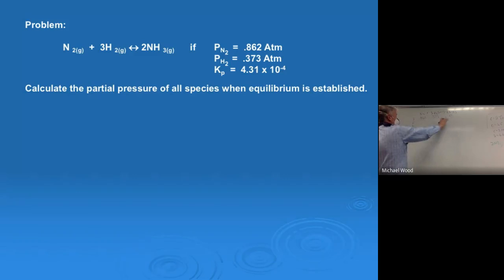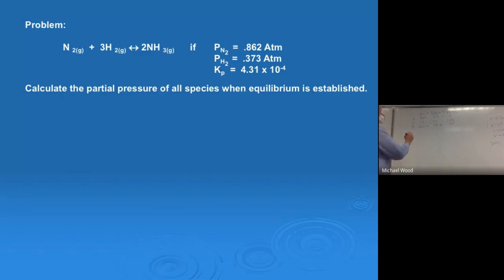The key thing is the C row. So this is going to be minus X, because on the left side we're consuming this. This would be minus 3X, because it's 1 to 3. And this would be plus 2X, because on the right side of the equation we're making product.